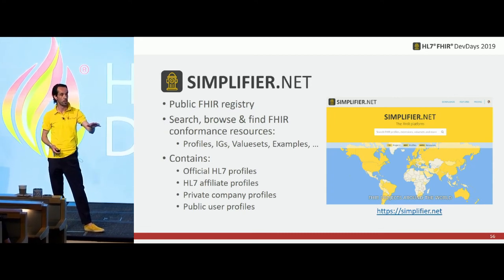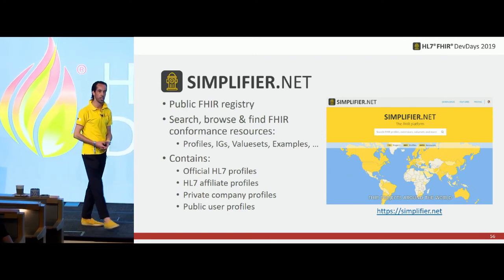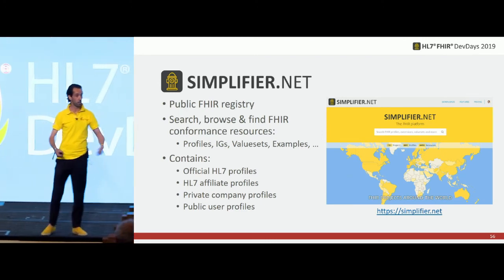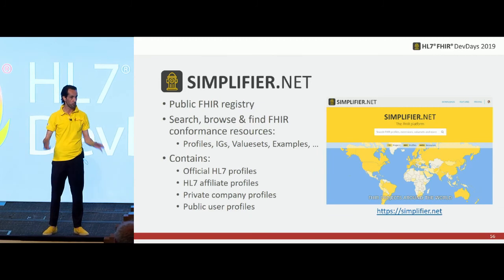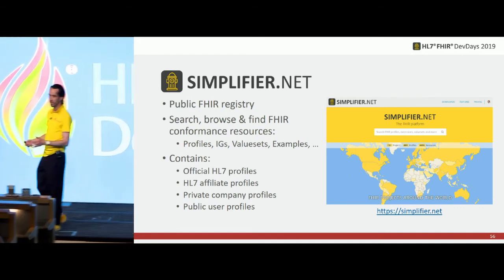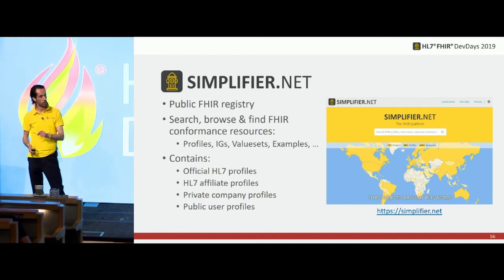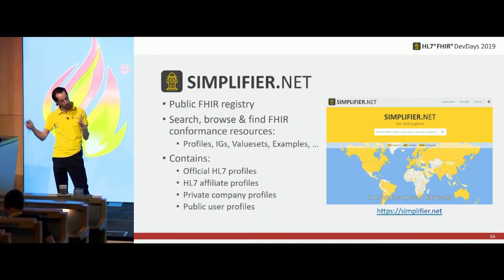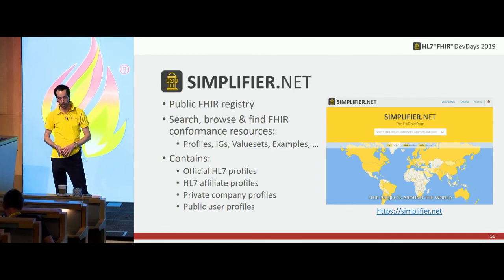And you as an author determine when it's ready. Simplifier also contains a lot of experiments and drafts, and people are just playing around with FHIR, and it's perfectly fine. Create a test account, publish something, keep a draft. The HL7 registry is intended to contain only final published profiles, but it's a subset of the Simplifier database. And feel free to start putting some examples on here.